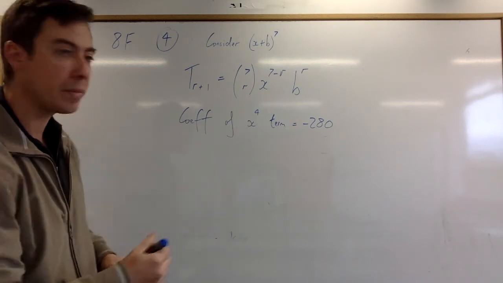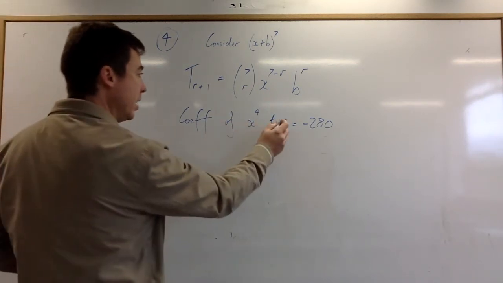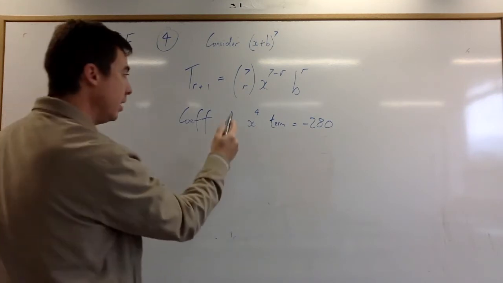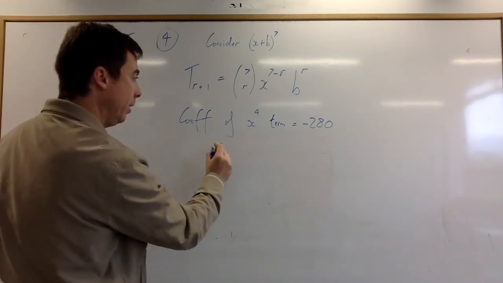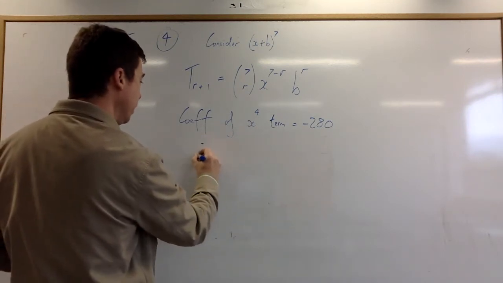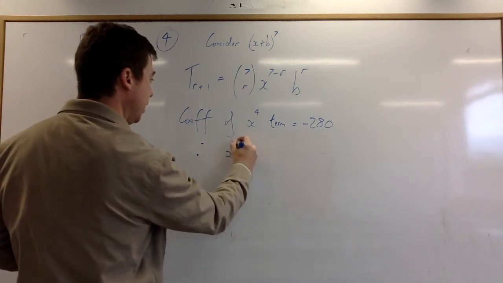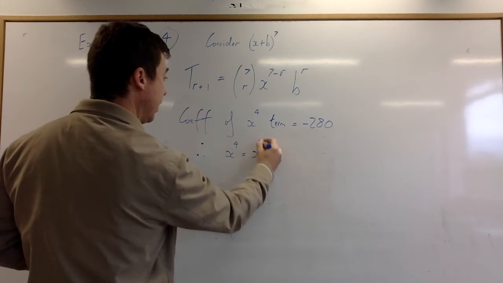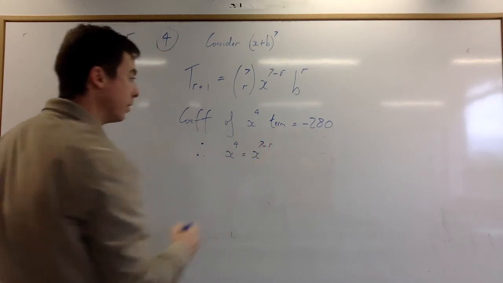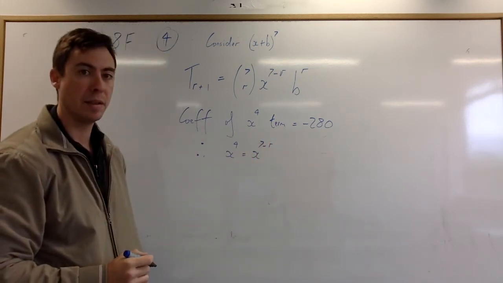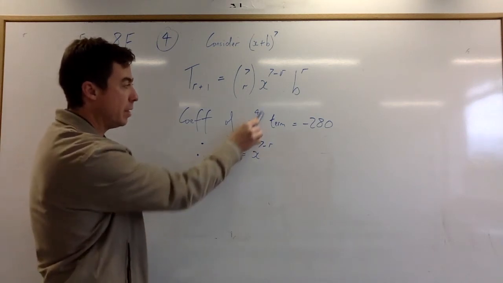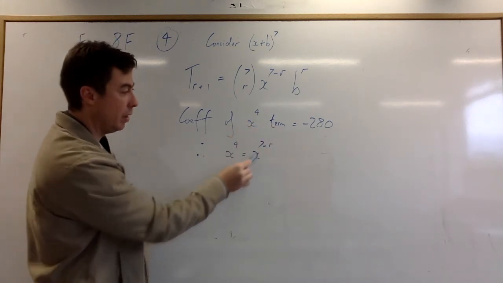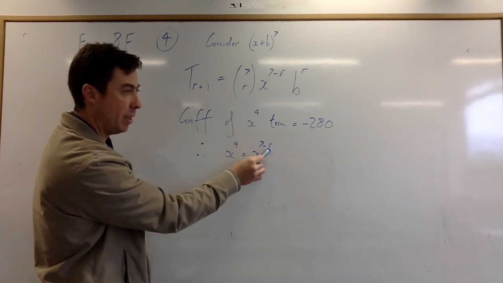Right? But what you could do is explain this on paper. I could say, therefore, x to the 4 has to equal x to the 7 minus r. If I'm trying to zero in on the x to the power of 4 term, I've got my general term formula.